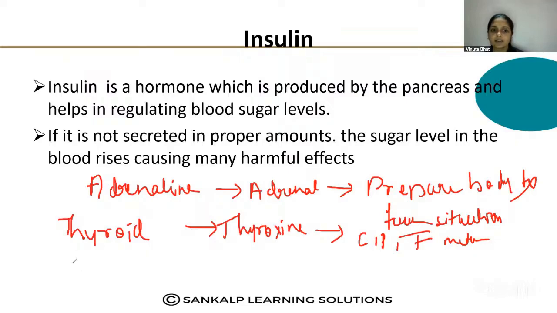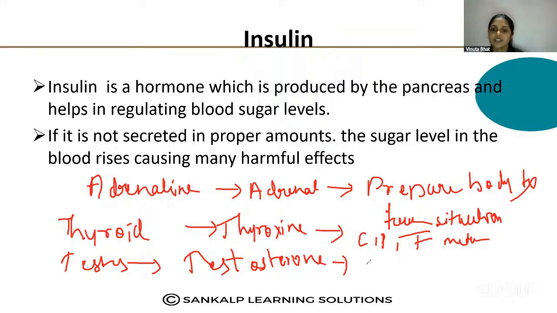Then the third one, the testis, which releases the testosterone hormone, which is responsible for the production of sperms and also the secondary sexual characters in males.